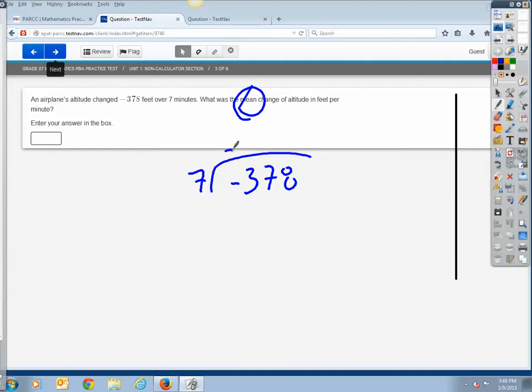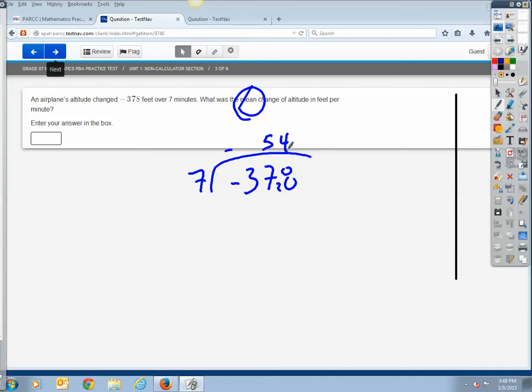So 7 goes into 3 exactly 0 times. 7 goes into 37, maybe 5 times, with 2 left over, because 5 times 7 is 35, 37 minus 35 is 2. 7 goes into 28 4 times. So then I should be typing in that box, -54.